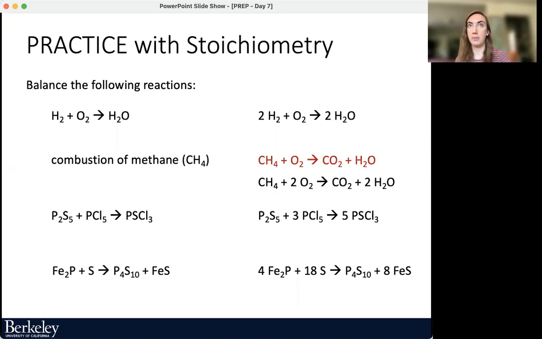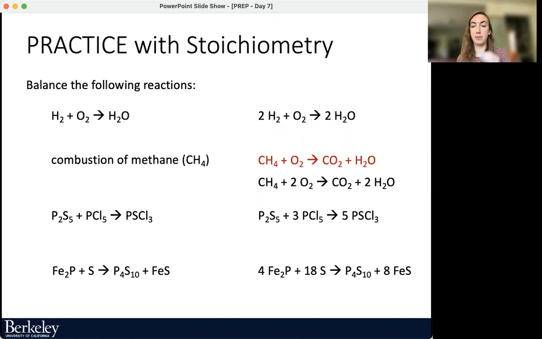So what's really great about stoichiometry is that it's really easy, once you're done, to know whether you got the right answer or not. It's very easy to check your answer because all you have to do is count the number of atoms of each element on the right side and the left side.